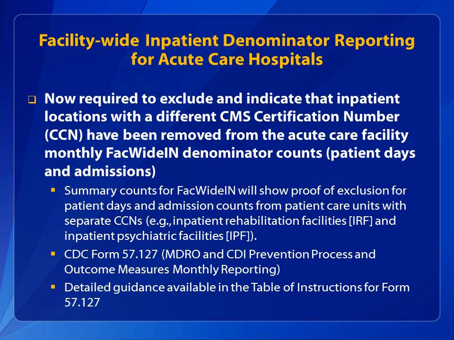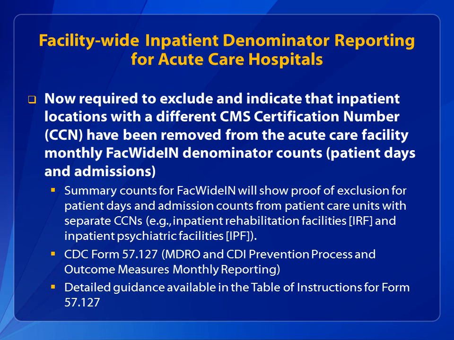First, changes to facility-wide inpatient, or FAC-wide-in, Lab ID event reporting. Acute care facilities are required to exclude and show proof that inpatient locations that have a different Centers for Medicare and Medicaid Services, or CMS, certification number have been removed from the monthly facility-wide inpatient denominator counts.